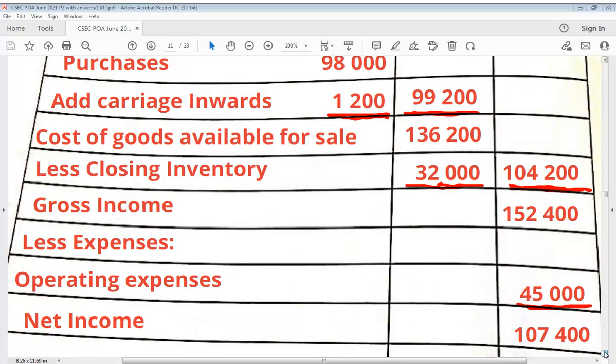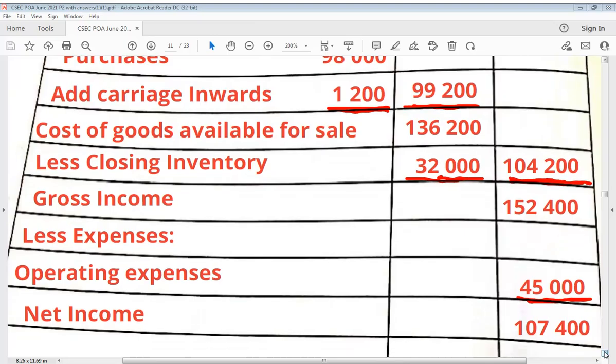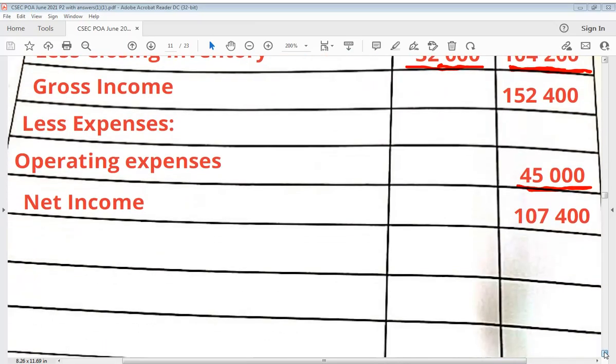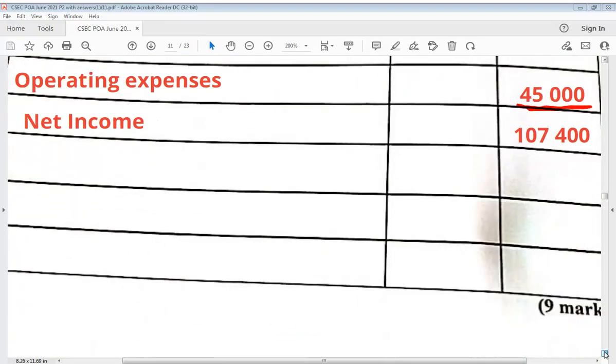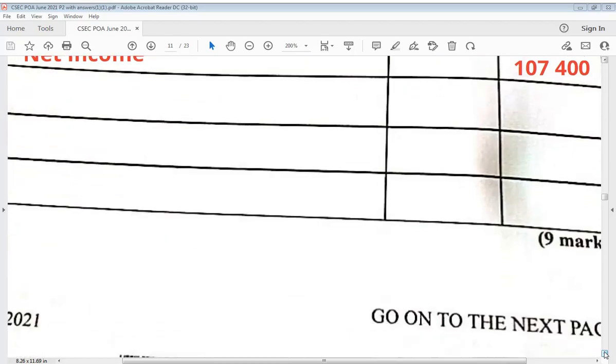So when we less that from our gross income, that gives us our net income that they ask us for, which is $107,400. All right, so we prepared our income statement for S-Lite, and that's 9 marks for that question.